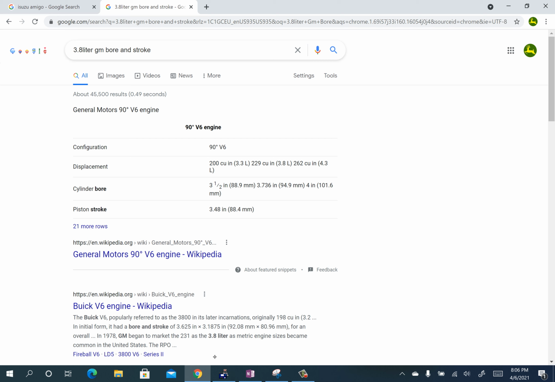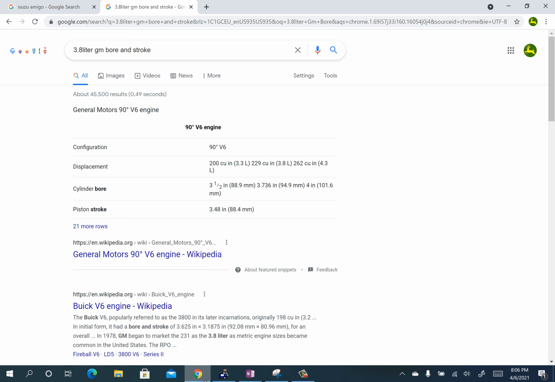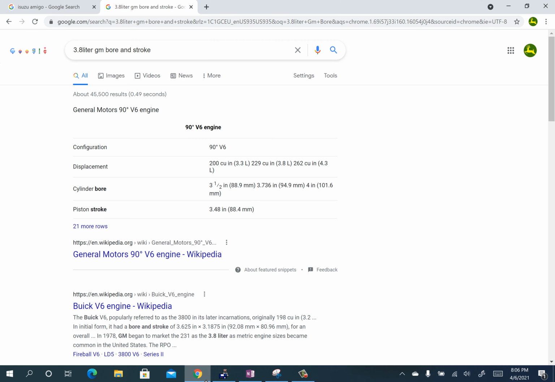The idea here is we are going to have a bore of 94.9 millimeters and 88.4 millimeters for the stroke. This is a 6-cylinder engine.